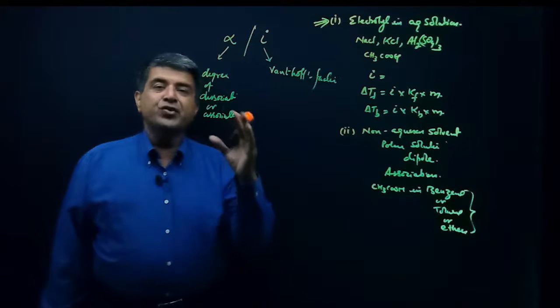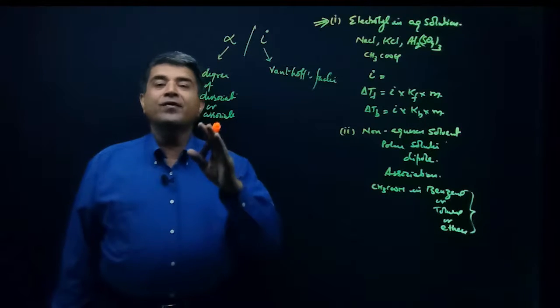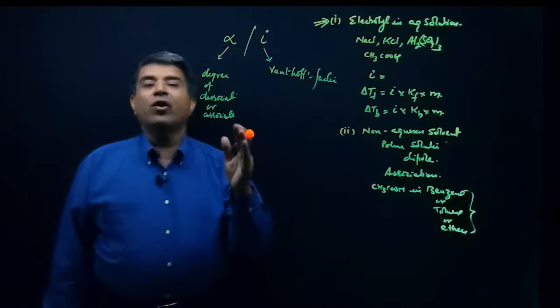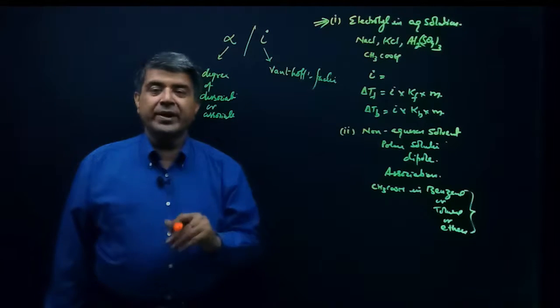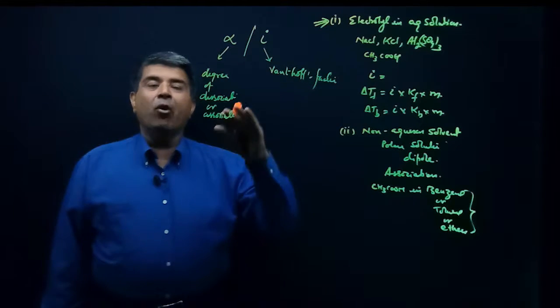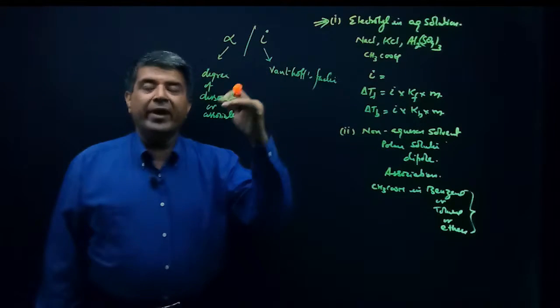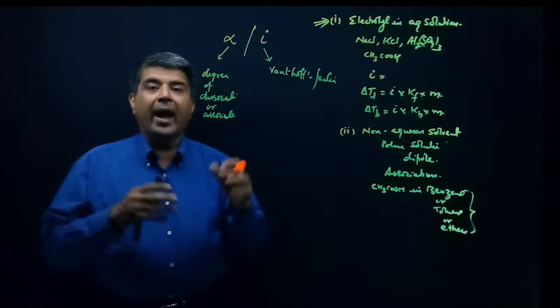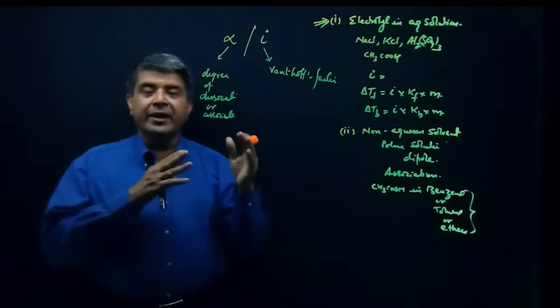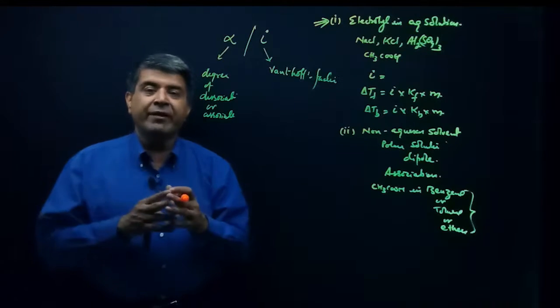The degree of dissociation is the amount of solute which gets associated or dissociated in the solution, and the van 't Hoff factor is calculated on the basis of the degree of association or dissociation, and the formulas are different. For association, it is a different formula. For dissociation, it is a different formula.